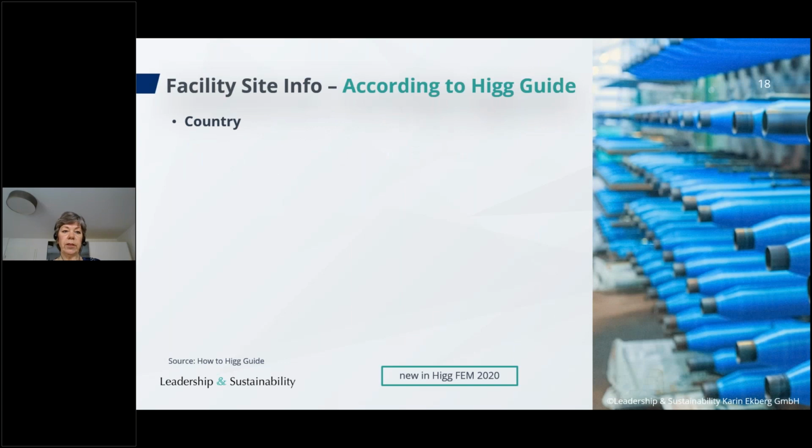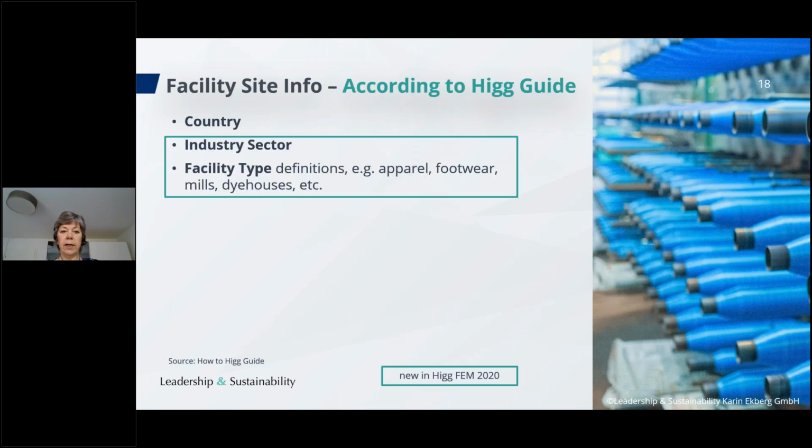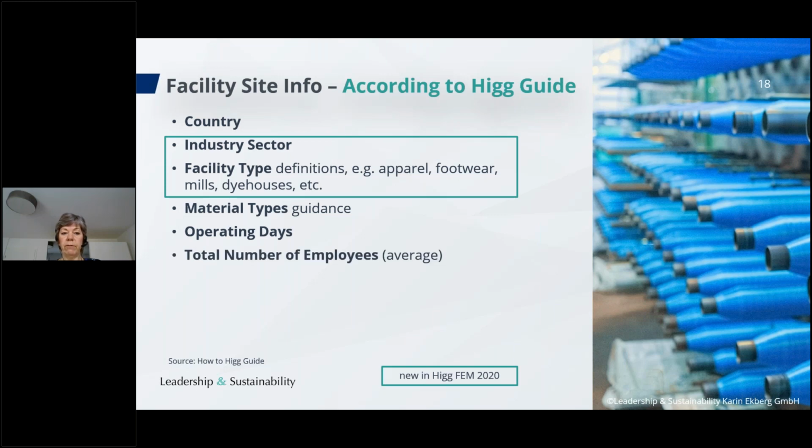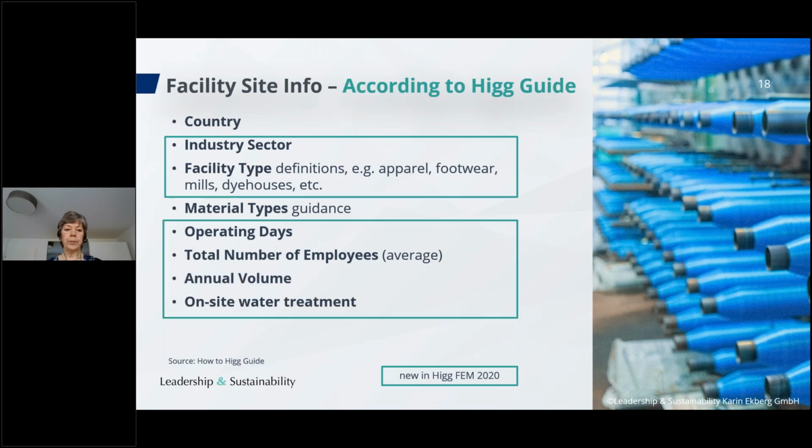And the information that is collected here is about country, industry sector, facility type, for example, apparel, footwear, etc., material types, operating days, total number of employees. And with the total number of employees, here you should indicate the average number of employees. This has changed since last year.